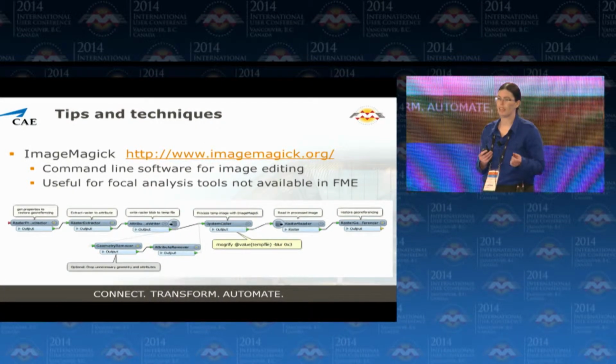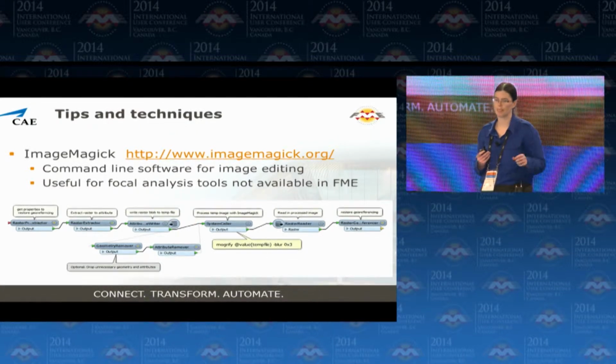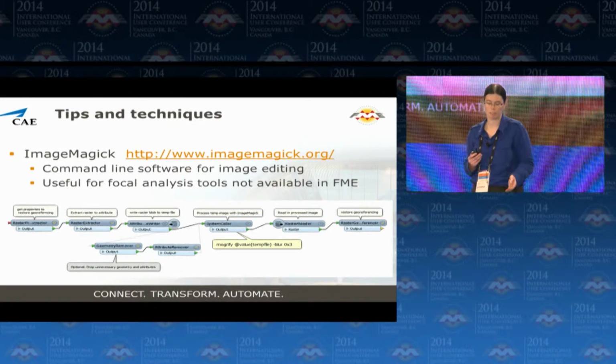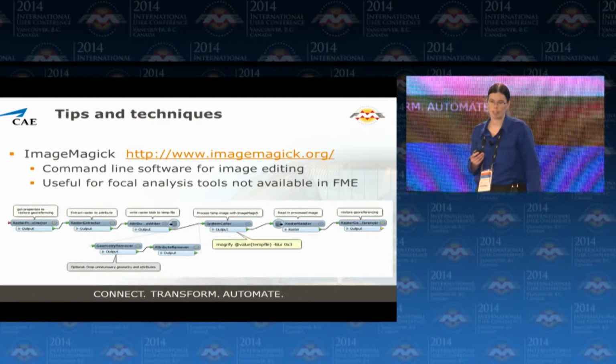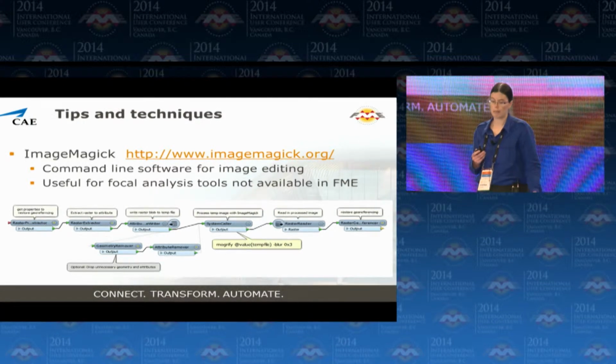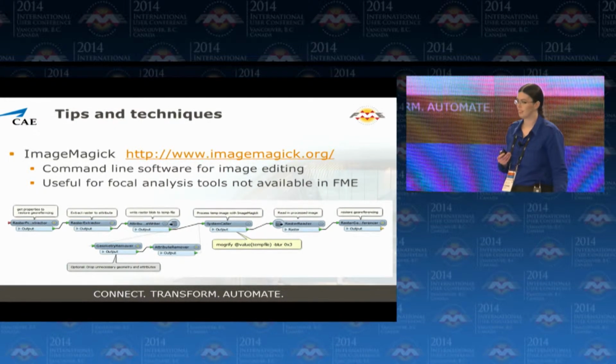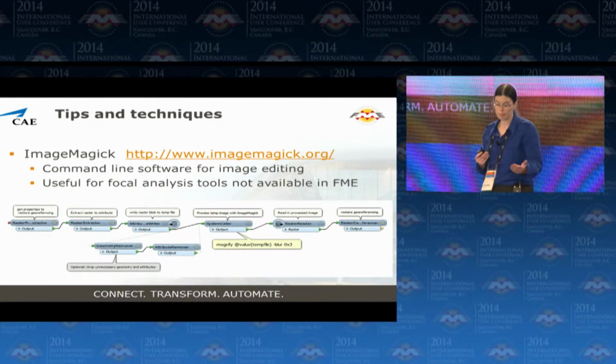In that case, we're using a temporary variable that we created for the name that we were writing upstream in the workspace. Now, optionally, for performance, you can drop the geometry because you no longer need it, and you can drop any extra attributes from the raster properties extractor, but that's not actually necessary, it's just an efficiency thing.